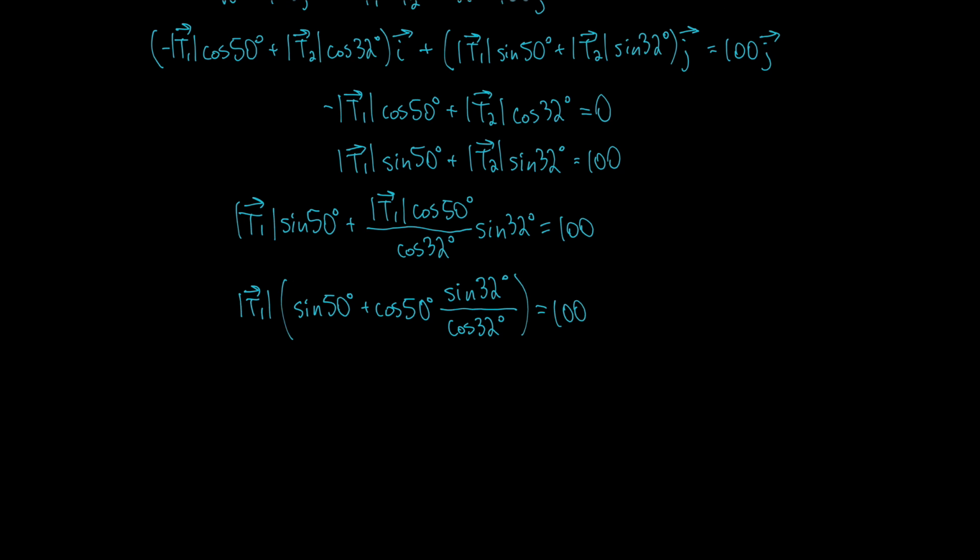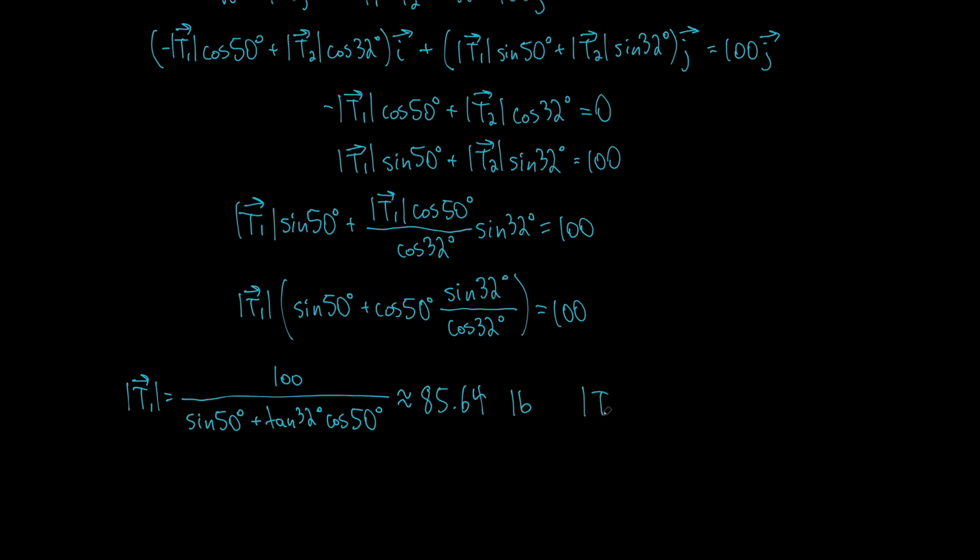So that means that the length of t1 is 100 divided by the sine of 50 plus, well, I can write this as tangent, so tangent 32 times the cosine of 50. And if we use a calculator, we see that's about 85.64, and I'll write LB for pounds.